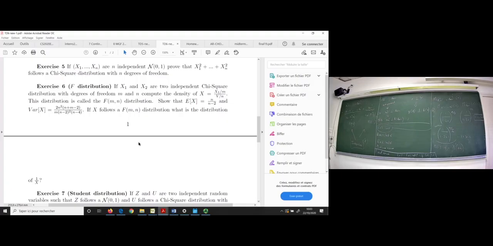But keep in mind that in my induction hypothesis, I suppose that X1, X2, ..., Xn are independent. So when I want to prove the result for n plus 1, my beginning is X1, X2, ..., Xn plus 1 are independent and N(0,1). If you want to write an induction passing from n minus 1 to n, no problem.